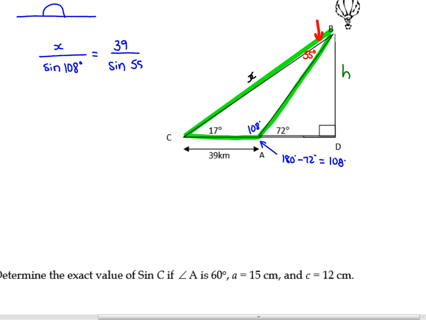Okay. Multiply both sides by sine 108. So we can type that in now.